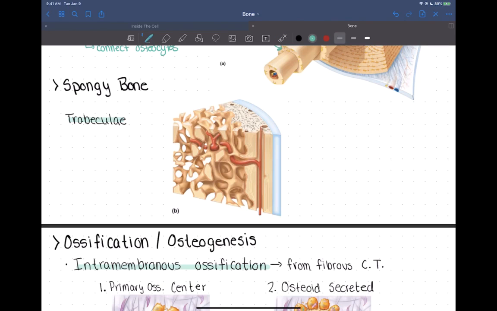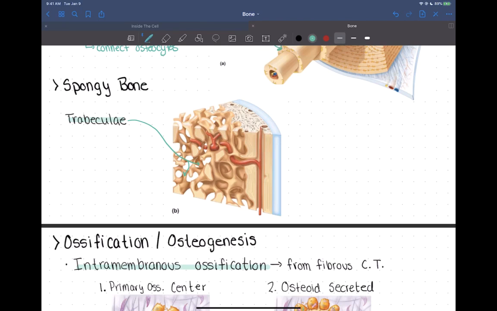Spongy bone is made up of extending little arms and branches that weave together, called trabeculae. Each of these little arms would be a trabecula, and that would be another, all of those. And then there's a bunch of spaces in between them where the red bone marrow would be located.